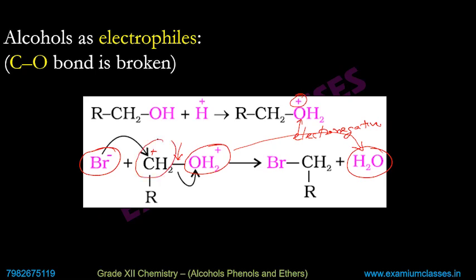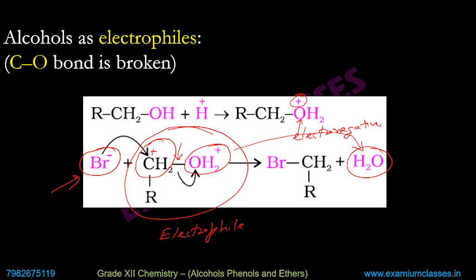So this one is acting as electrophile, this one is acting as nucleophile, alcohol actually acting as electrophile. Again, it's a substitution reaction. OH is replaced by bromine. It was OH attached to RCH2. Now it is bromine attached to RCH2.